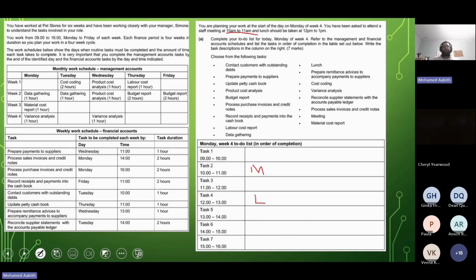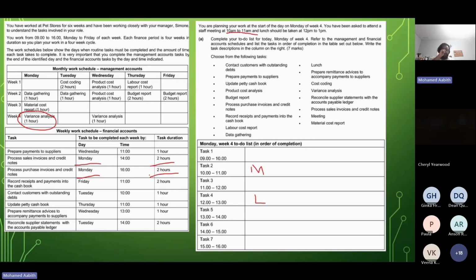Okay. Now, what else do we do on that day? If I look at it now, according to that, week 4 on Monday, in my list, I have this variance analysis. I need to fit that into one of those times. But also, on Monday, I have this and that, both of them for 2 hours each.